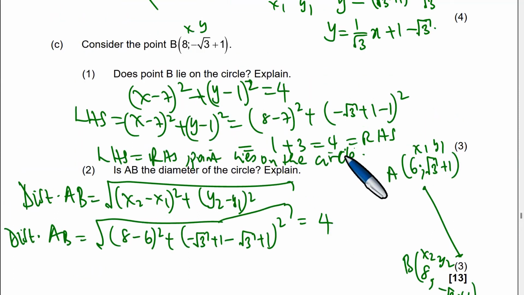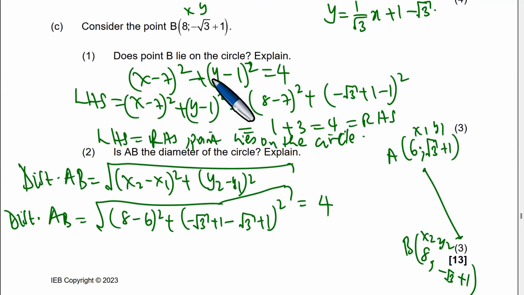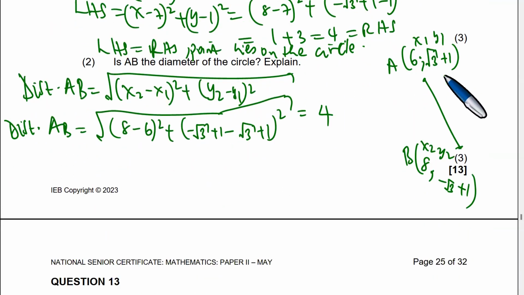Right, so we have seen before that the radius of the circle here is 2 units, because this is the equation of the circle. So if this is the equation of the circle, it means that the radius is the square root of 4, which is 2 units. Right. This is twice the radius.